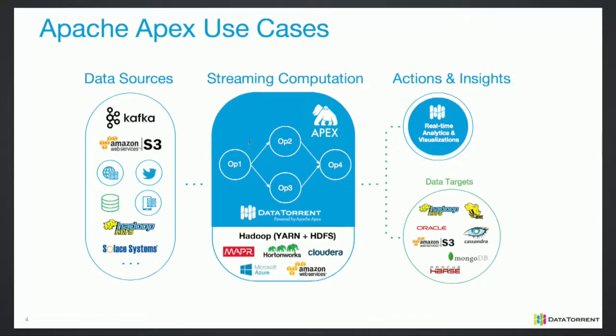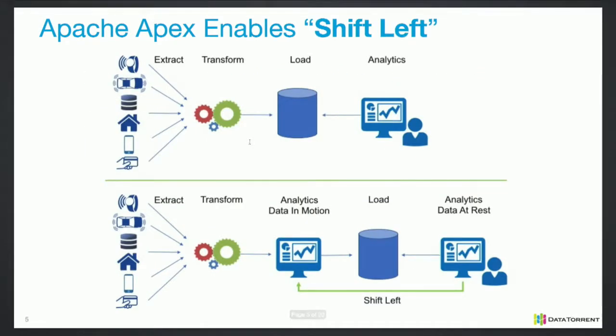And then when the computation is finished, you can write your data out to various data stores, such as maybe Cassandra or a traditional database, or just files back on HDFS, maybe into Hive. As well as you can produce in real time these actions and insights on your data even before you write them to the data sources. So that's something that we occasionally mention, this concept of shifting left.